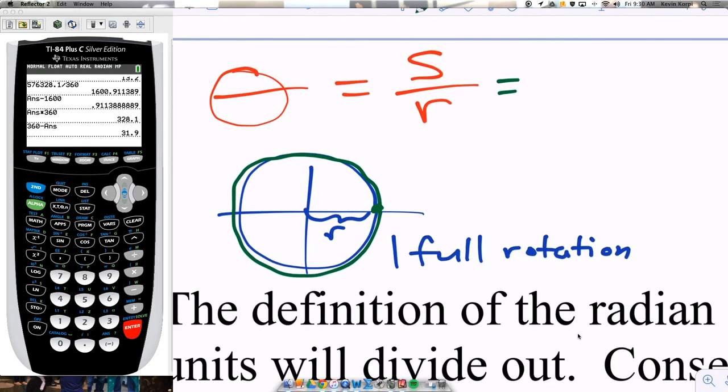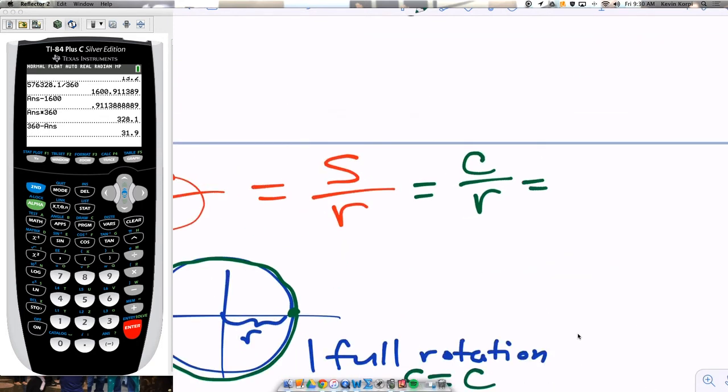So for one full rotation, S, the arc length, is equal to C. So I get C over R. Now, what's the formula for circumference? This is where we have to use some knowledge. 2 pi r. That was given to us by Archimedes way back in the day. So the circumference of any circle is 2 pi times r. I divide it by the radius. What happens with your r's?